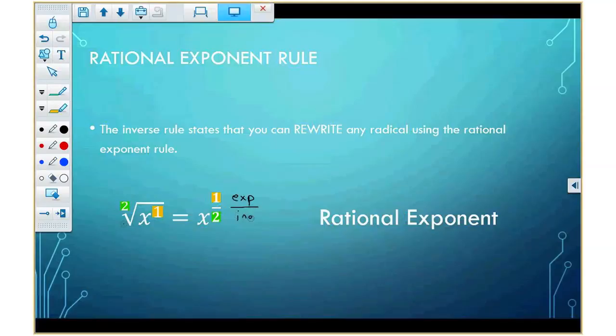Index. This is the index. This is the exponent. So what about the 3rd root of x to the 5th power? How would I rewrite that? How would I rewrite the 4th root of x to the 3rd power?